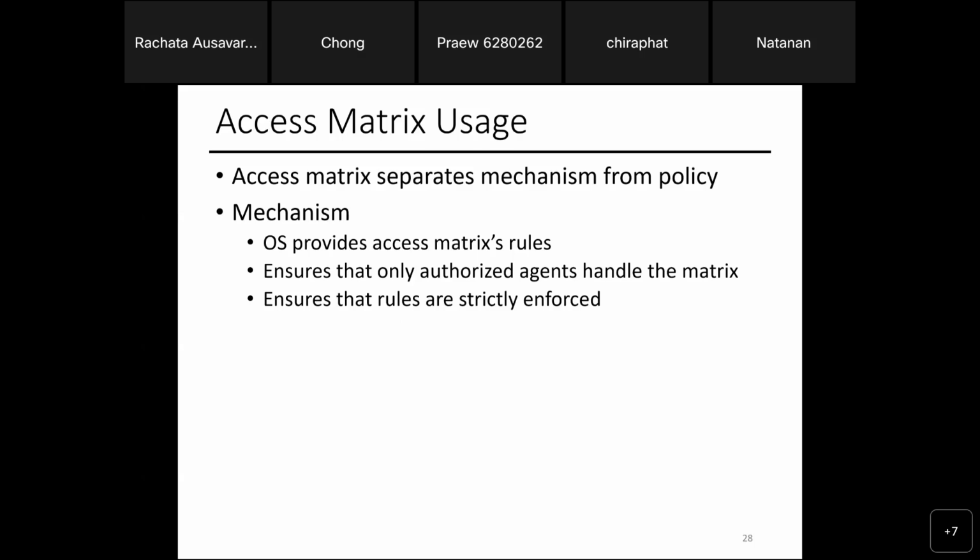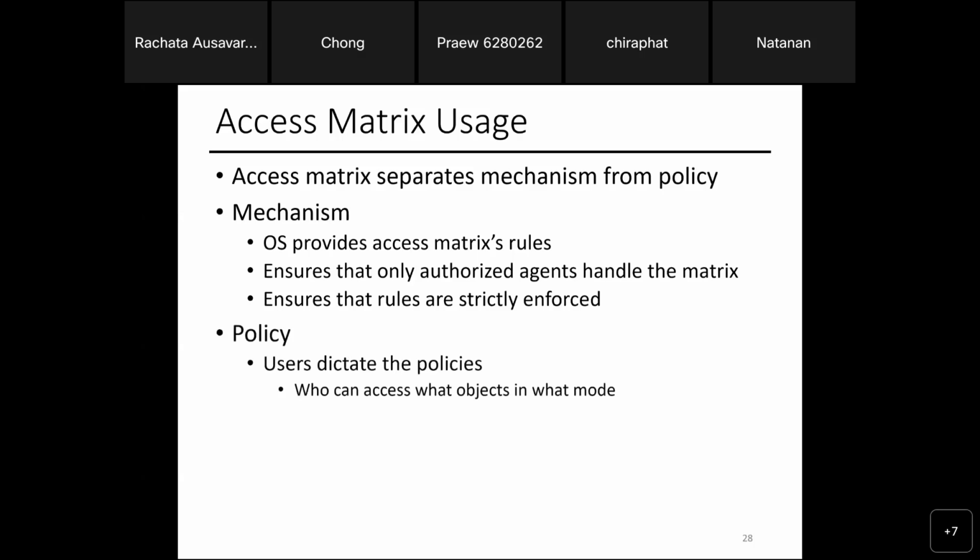All right. The OS enforces the rule. The OS enforces that only authorized agents can do that. That's the mechanism side. The OS enforces the implementation of the access matrix, and the user dictates the policy. Because otherwise, would the user have to implement the access rights, and also how to build the matrix, how to enforce the rule?